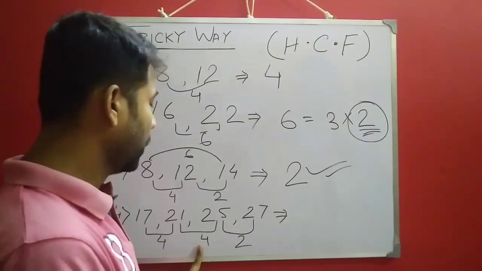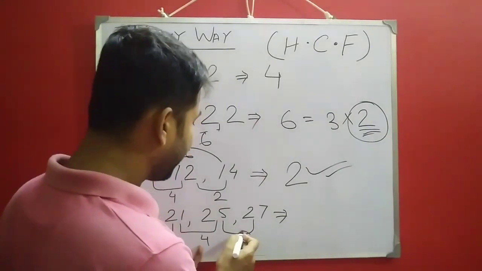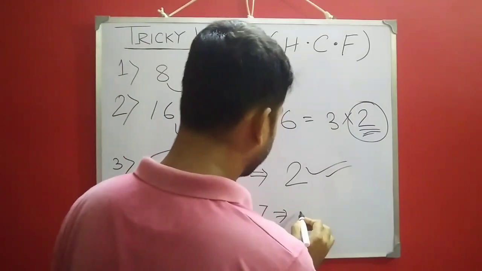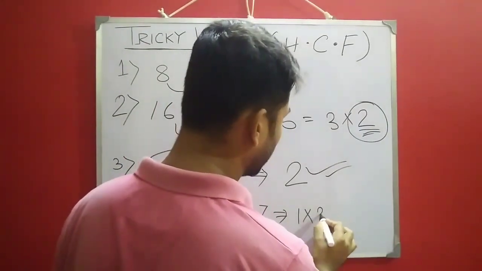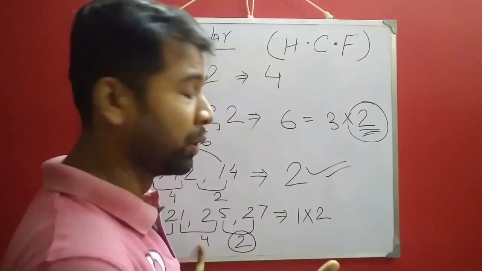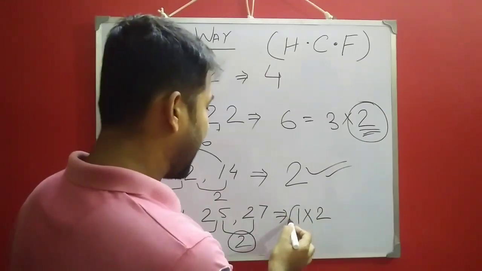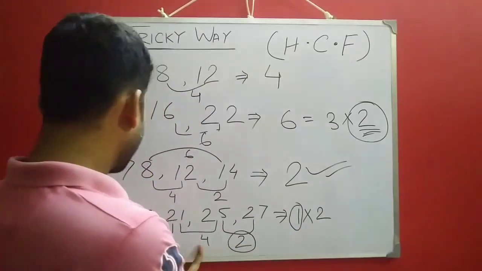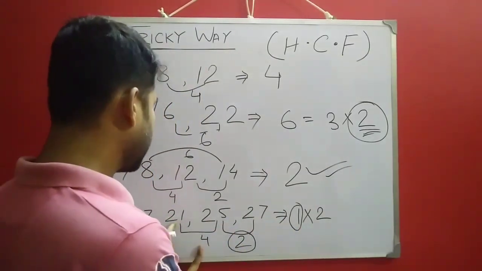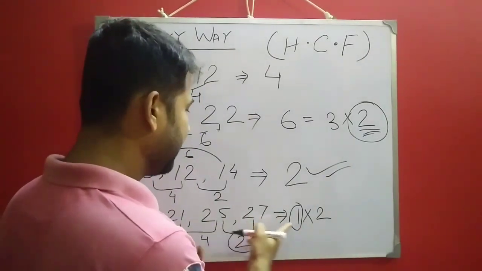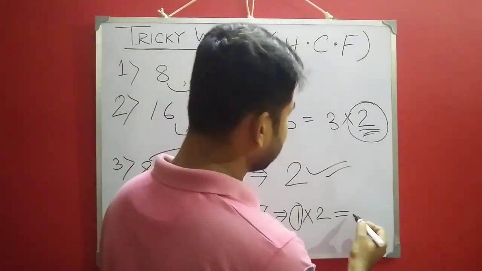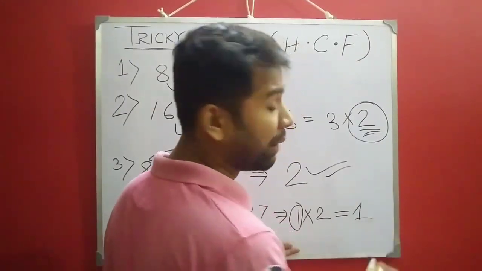No. So we calculate the factors of 2. So 2 equals 1 into 2. And we all know 1 is a divisor of 17, 1 is a divisor of 21, 1 is a divisor of 25, and 1 is a divisor of 27. So for this question, the HCF is 1.